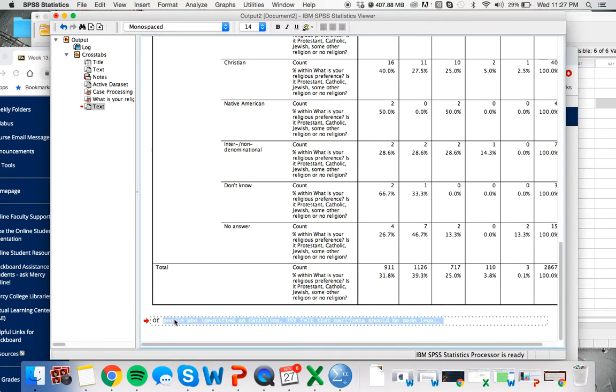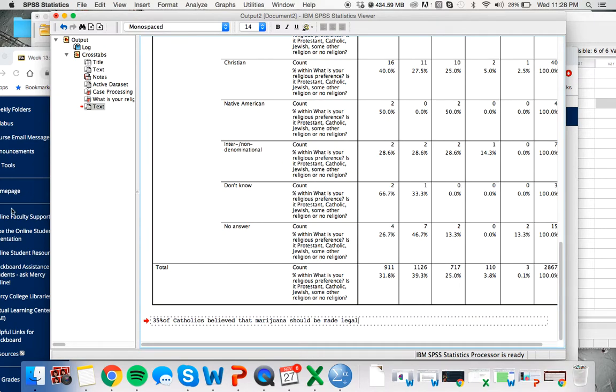Or 35% of Catholics believed that marijuana should be made legal. Okay, so you can phrase it a couple different ways, but just make sure that you are saying it's a percentage of this group that's then saying this other thing, right? Reading across from the row to the column.